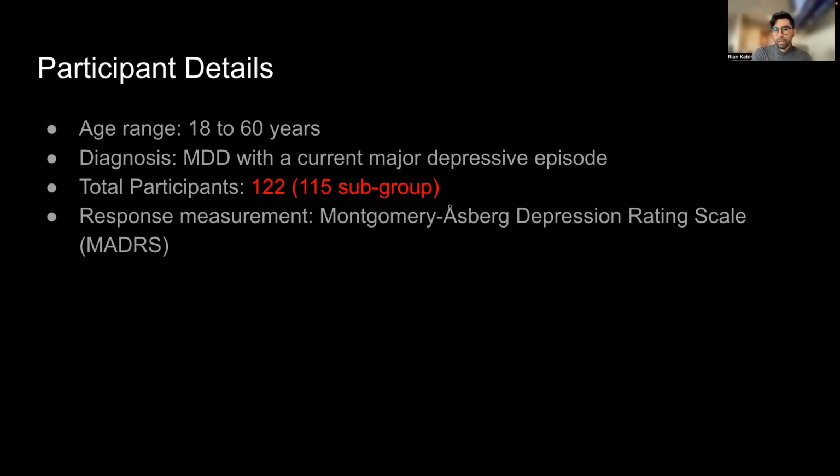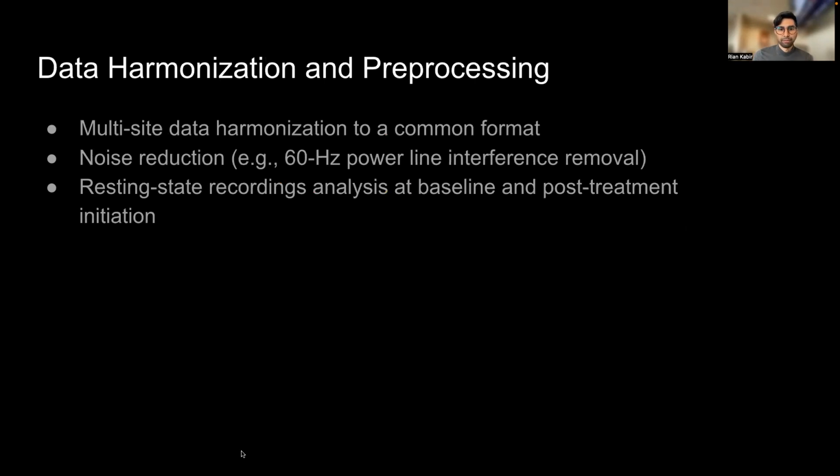Of this group, 115 had EEG done at 2 weeks after treatment was initiated. Treatment response was categorized based on the MADRS score. Like I said, a reduction of 50% within the first 8 weeks is considered a positive response. Less than a 50% reduction would be deemed a non-response for the study.